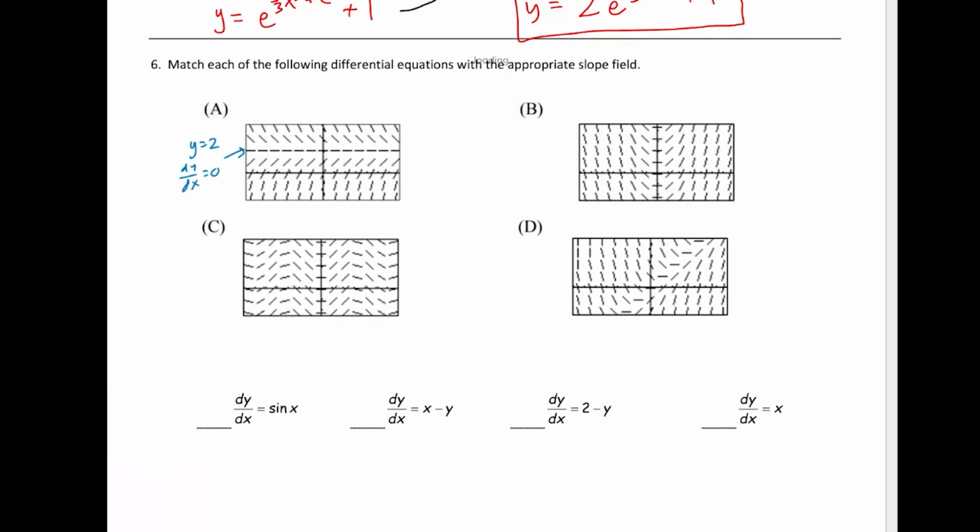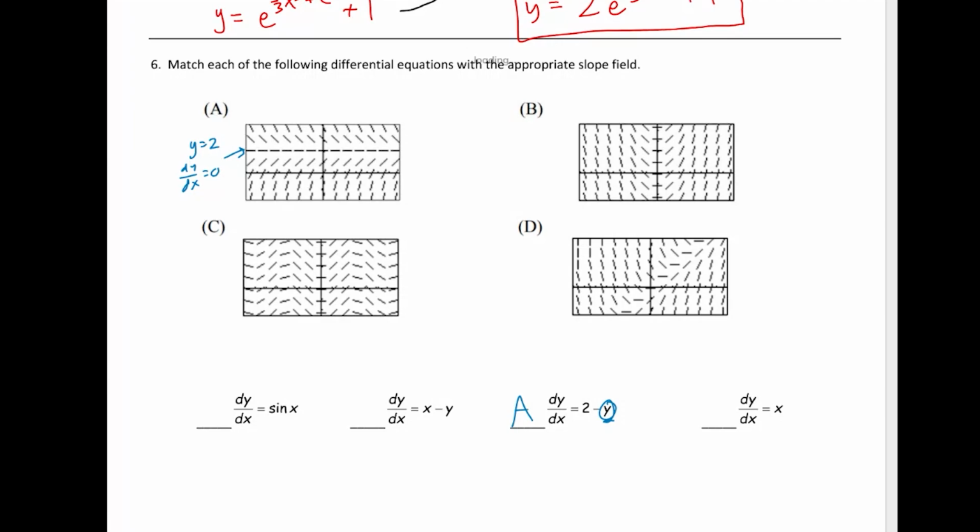So let's see if we can eliminate any answer choices there. Yeah, maybe we can't. Not really seeing. Oh, you know what? Yeah, we can. Right here, boom. I think this is going to be our answer. It's going to be A. 2 minus 2 is 0.